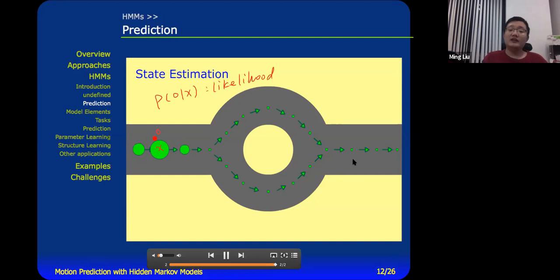That means, given the state, what's the possibility of this observation? And this is easy to get, right? Why is this easy? If you know where you are, if you know x is defined here, how can you find the probability of O? Any ideas?